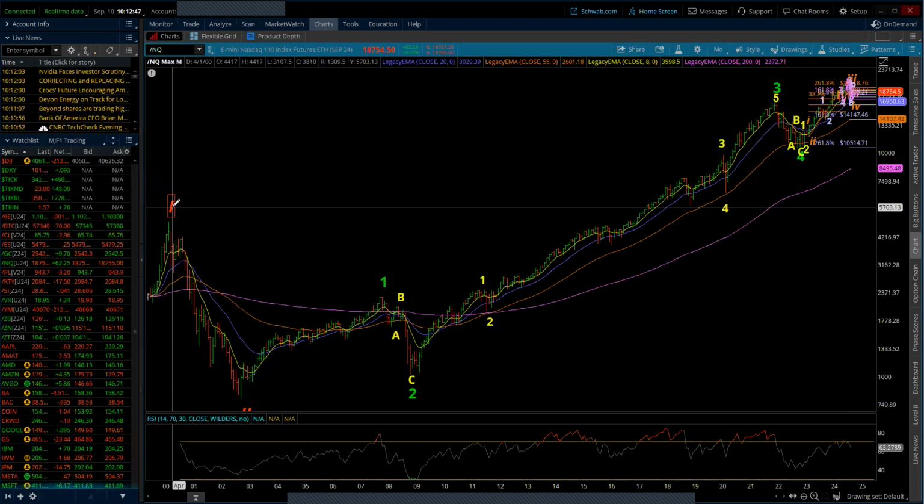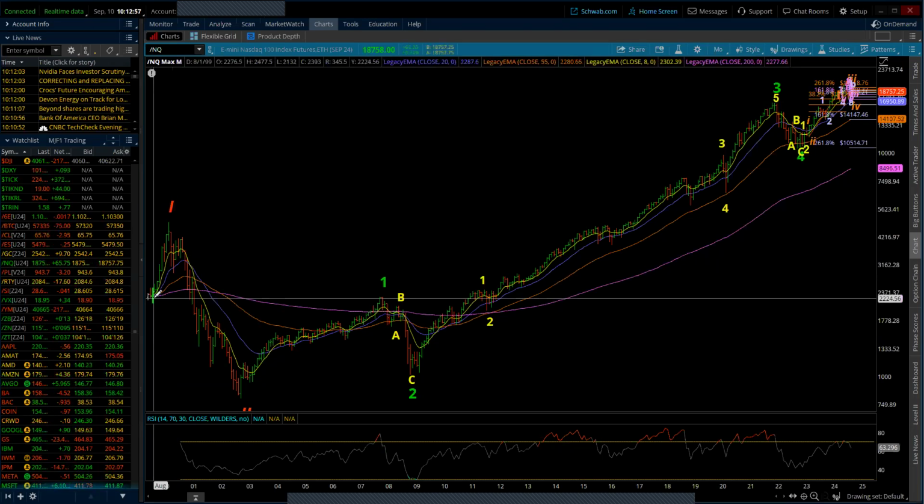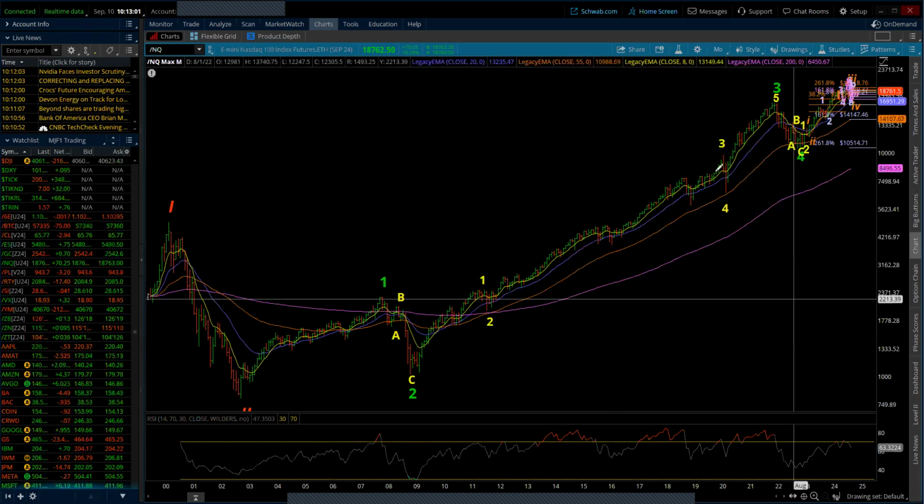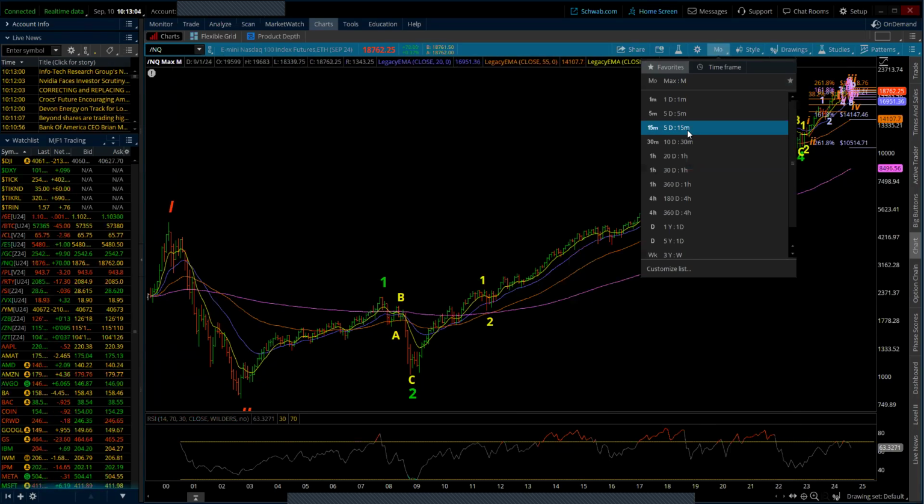But the NASDAQ really came into existence, I think, in the beginning of the 80s, but really as an index did not form, and the future didn't come, I think, until much later. So hence why we're not dealing with larger than cycle degree here.